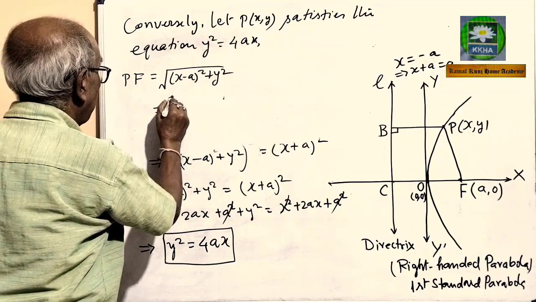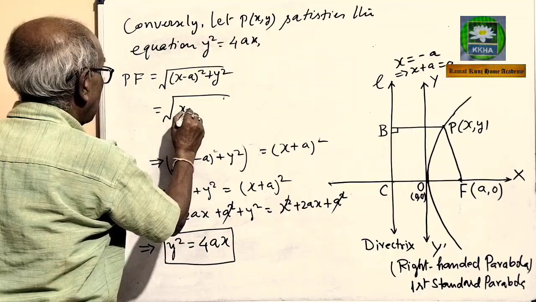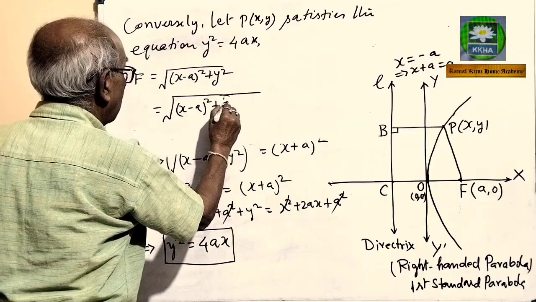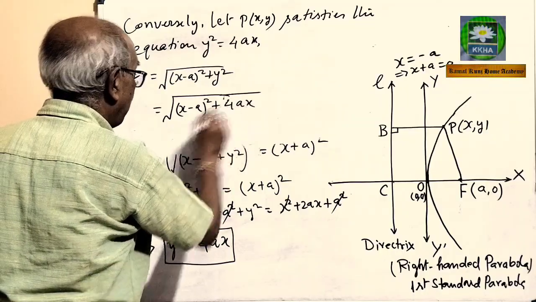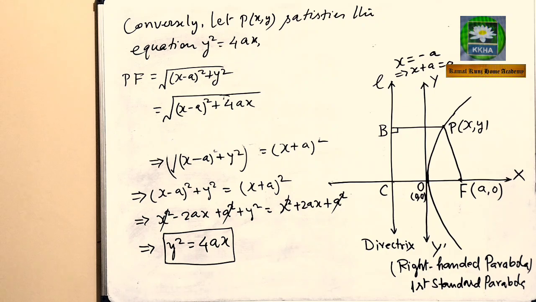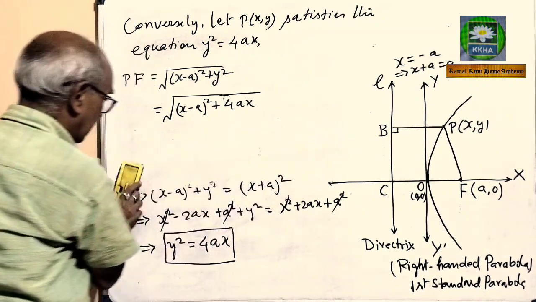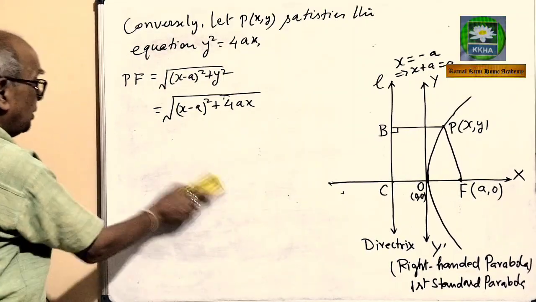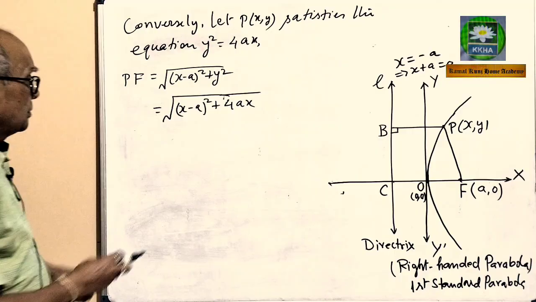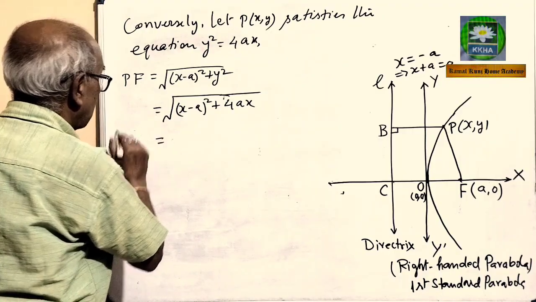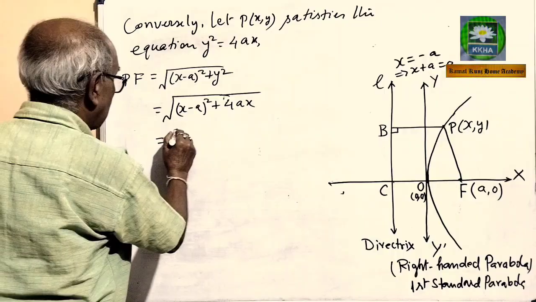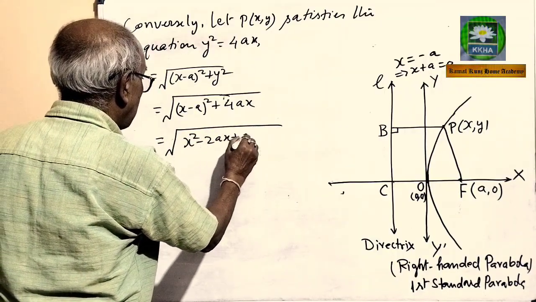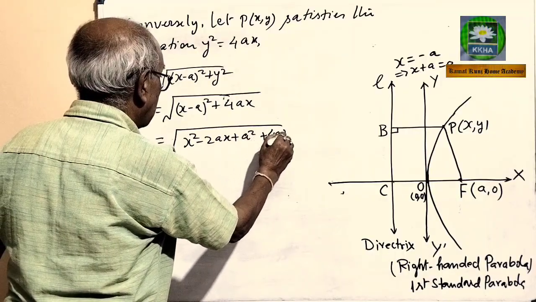So this is equal to x minus a whole square plus 4ax, which is x square minus twice ax plus a square plus 4ax.